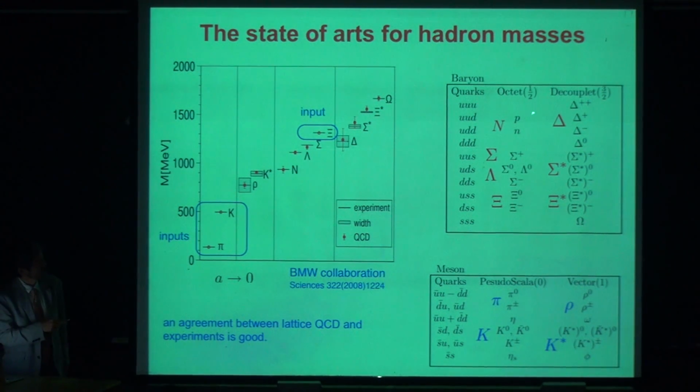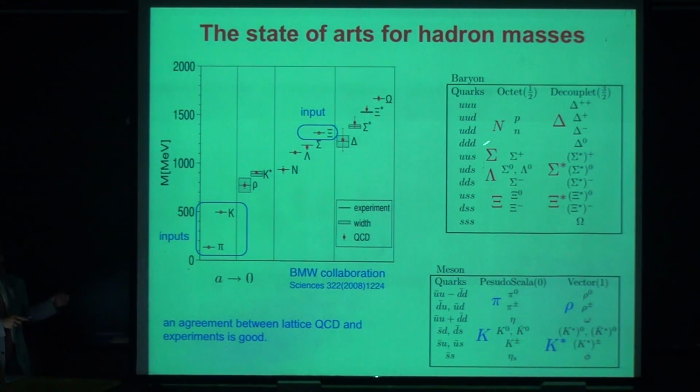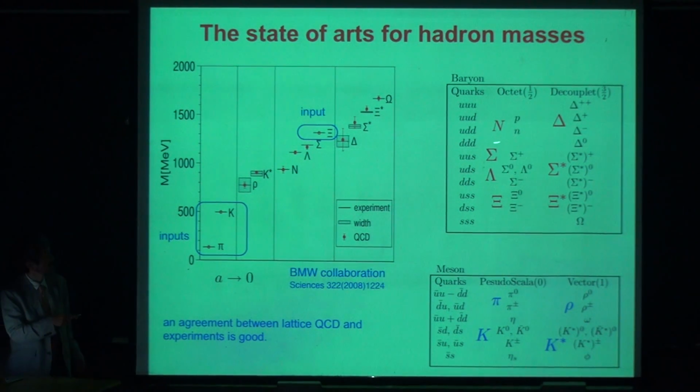One is the nucleon, proton and neutron, and we don't distinguish proton and neutron, since they have almost the same mass. But we have different hadrons which contain strange quarks: one strange quark, sigma, but a different type, lambda, and baryons which contain two strange quarks, xi, etc. And we have the octet baryons and decuplet baryons.